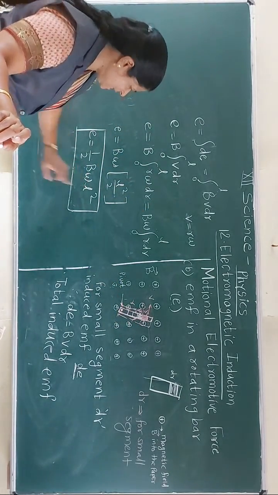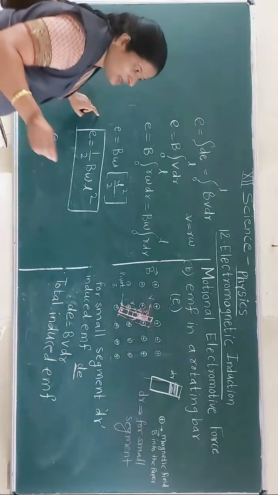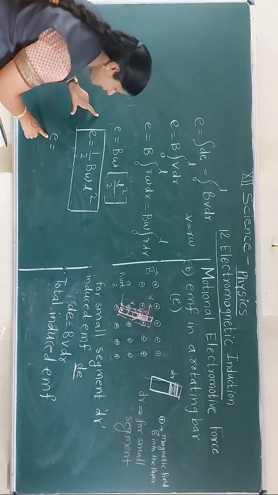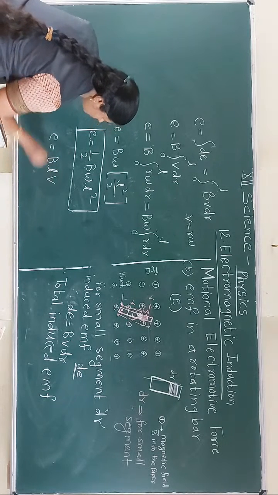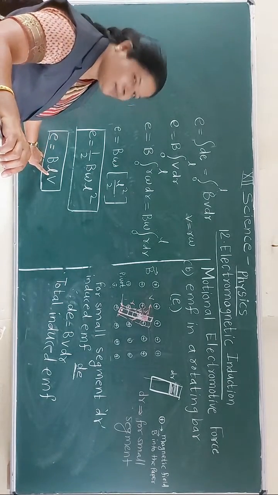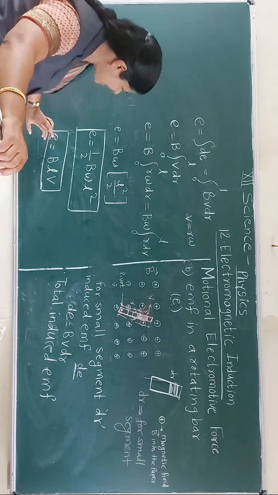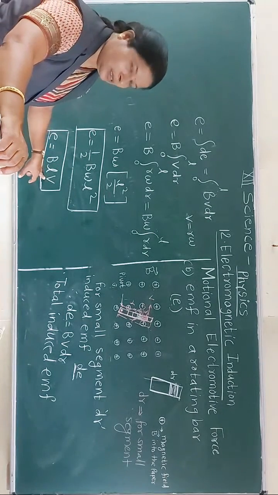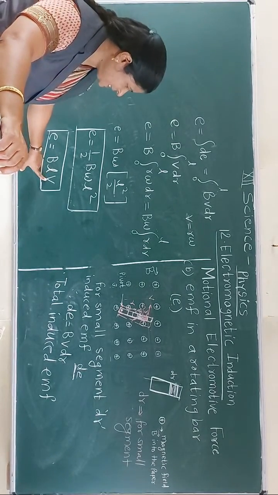Now comparing this equation with the first equation that we got in the translational motion of a bar, that means E is equal to B L V. For a closed loop, if one side is movable, then we get the value of EMF E is equal to B L V. B is the constant magnetic field, L is the length of that side, and V is the velocity.